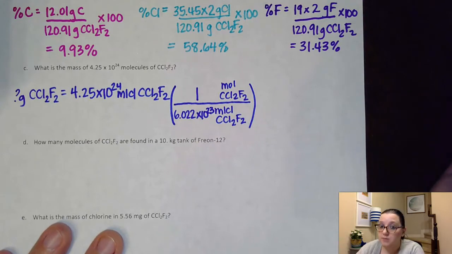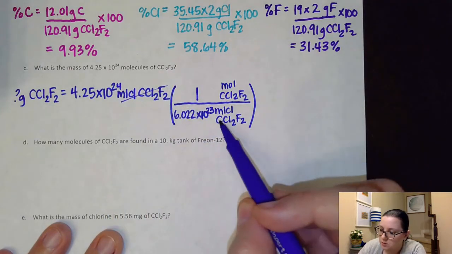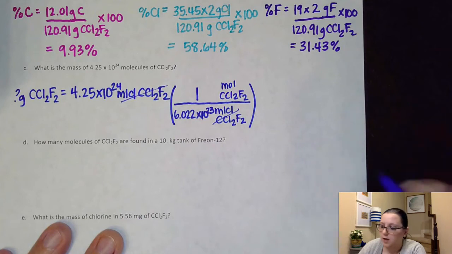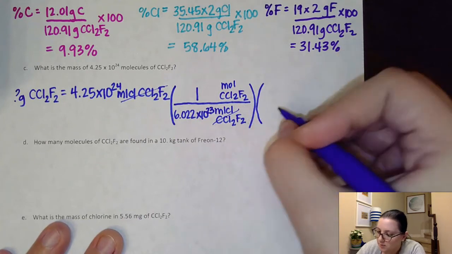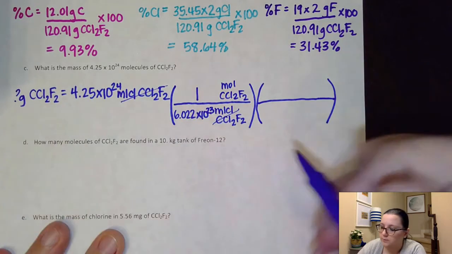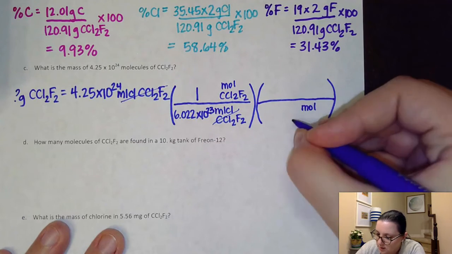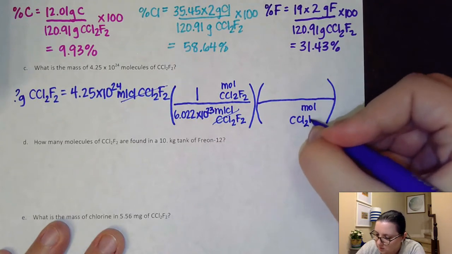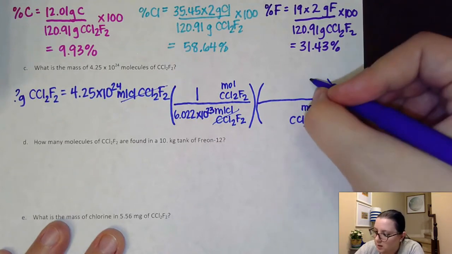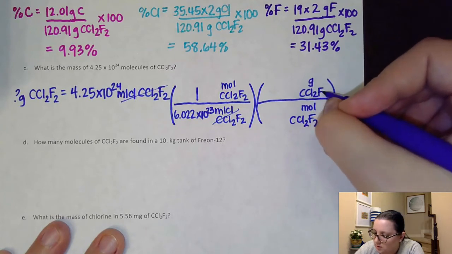We do the same thing when we're doing the molar mass step. What we've done so far is ensure that the molecules and molecules units have canceled out. Now that I have moles on top, I want that unit to cancel eventually, because I want to end up in grams. So I need to put moles of CCl2F2 on the bottom and grams of CCl2F2 on top.